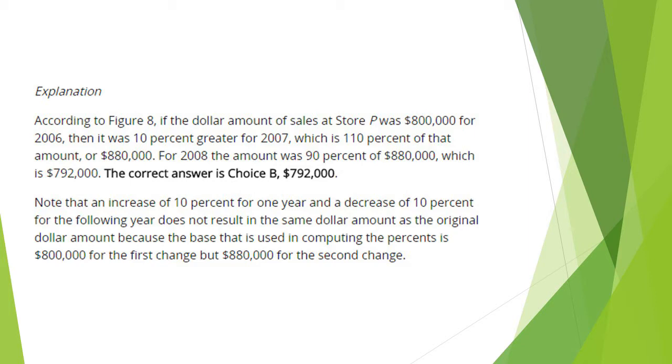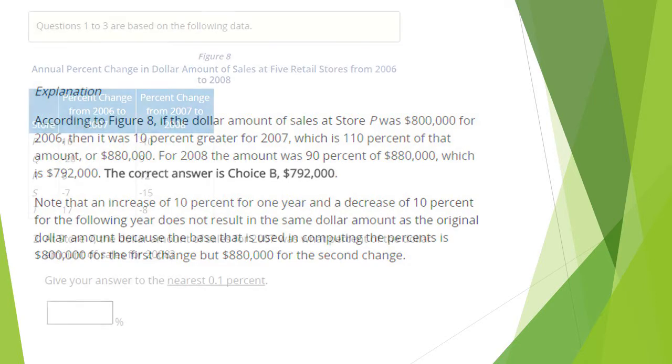Note that an increase of 10% for one year and a decrease of 10% for the following year does not result in the same dollar amount as the original dollar amount, because the base that is used in computing the percents is $800,000 for the first change, but $880,000 for the second change.